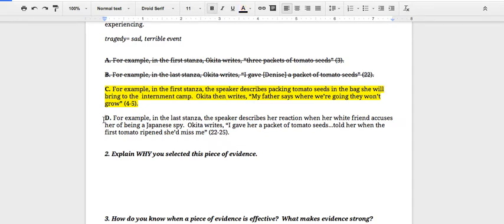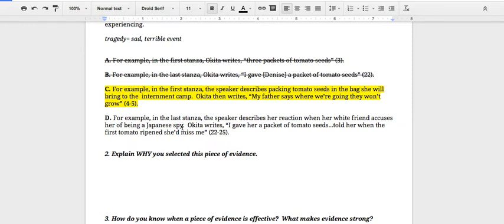Let's look at D. For example, in the last stanza, the speaker describes her reaction when her white friend accuses her of being a Japanese spy. Okita writes, "I gave her a packet of tomato seeds, told her when the first tomato ripened, she'd miss me." Here, again, we have enough context so that we know what's going on. The speaker describes her reaction when her white friend accuses her of being a Japanese spy, so I know what's happening.